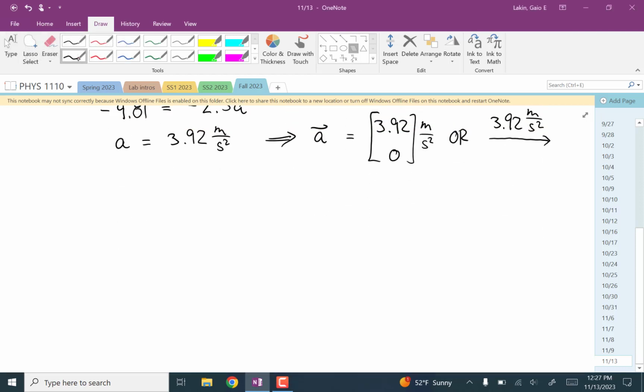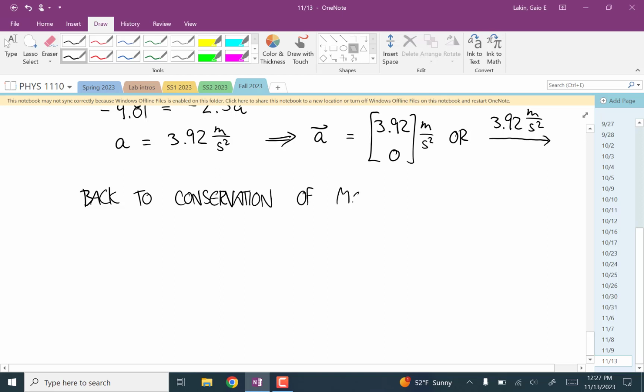So now we're going back to conservation of mechanical energy. And I'm just going to do a few example problems.